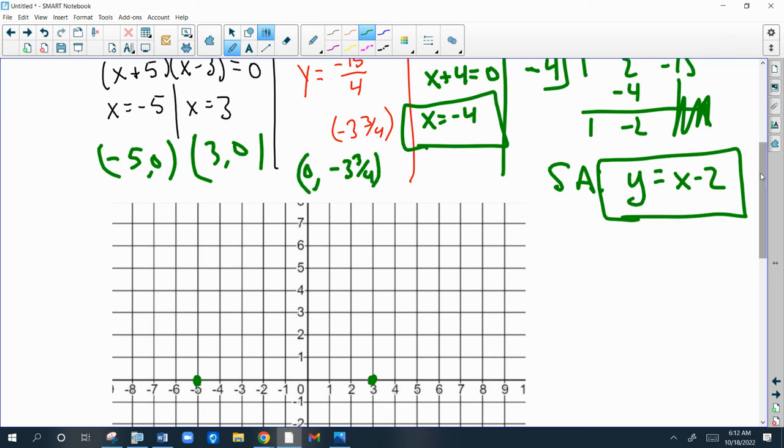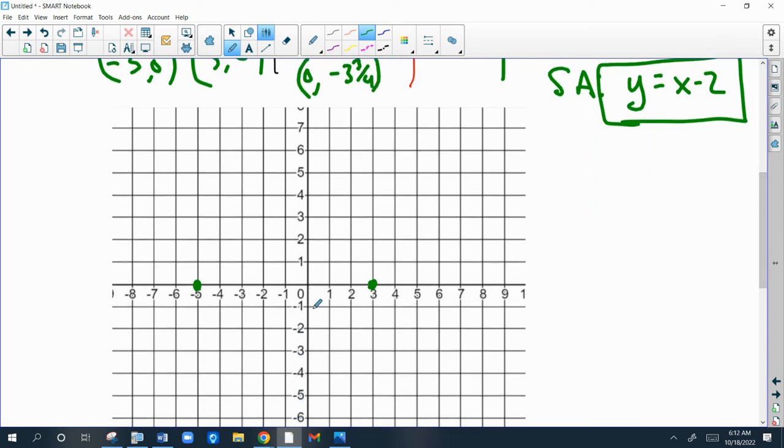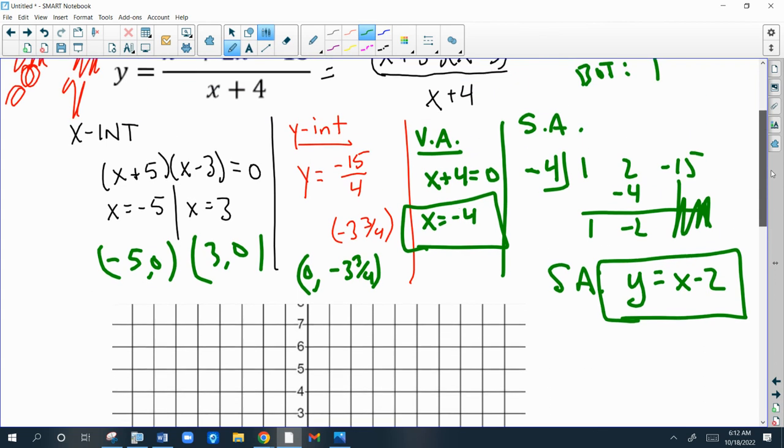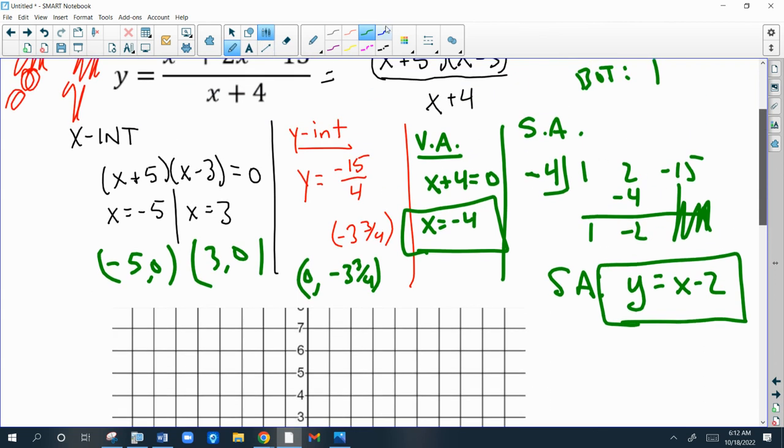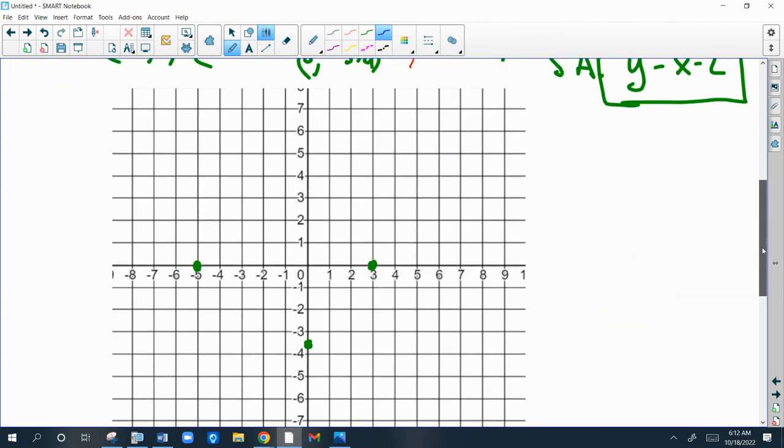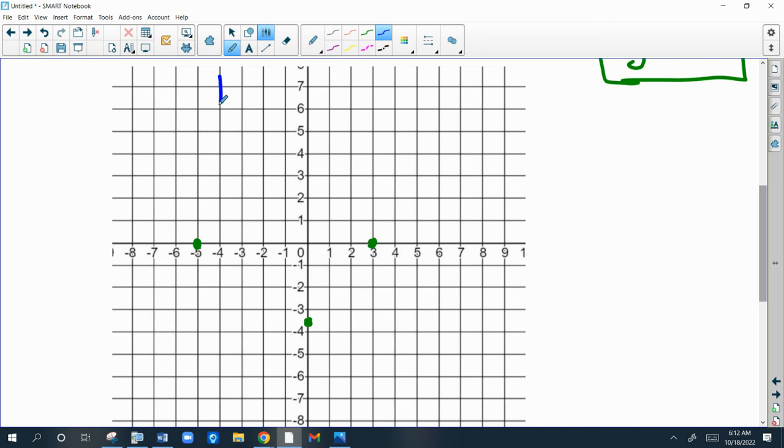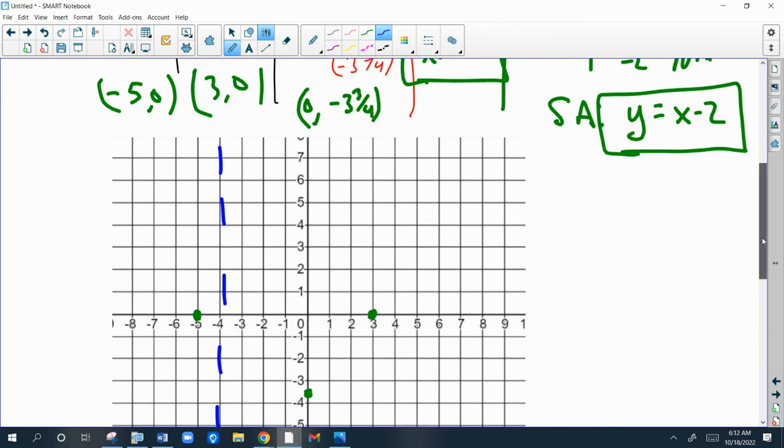Again, the only reason I'm doing it with a mixed number here is because it's just easier to see. -1, 2, 3, and 3/4 down here. It has a vertical asymptote at x equals -4. And then a slant asymptote at y equals x minus 2.